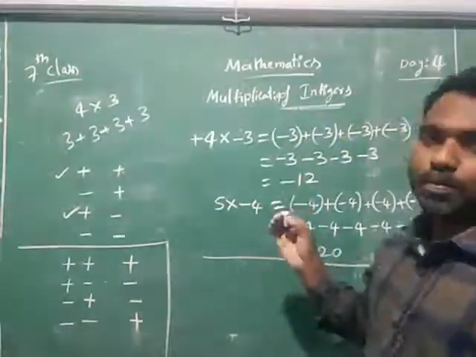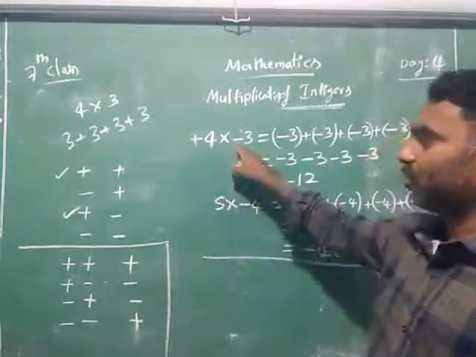What I am going to say here, the simple way, is to multiply the symbols first.